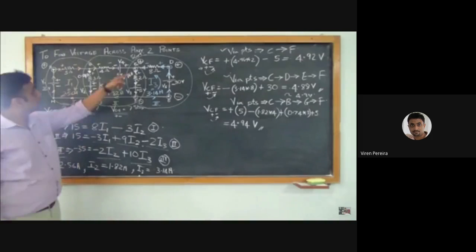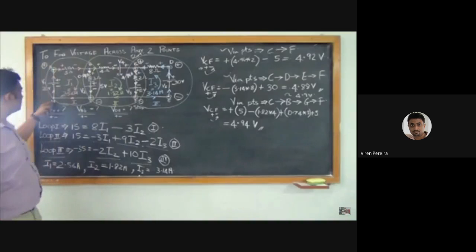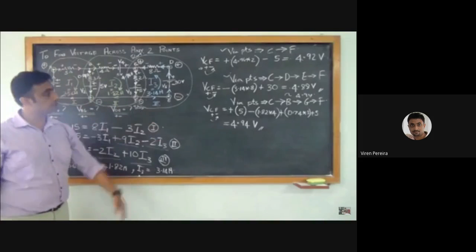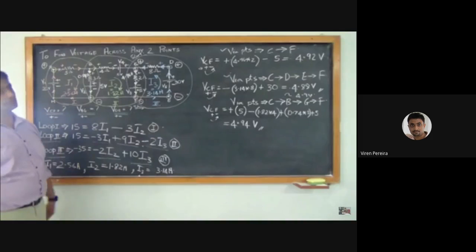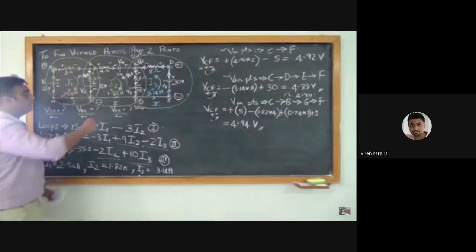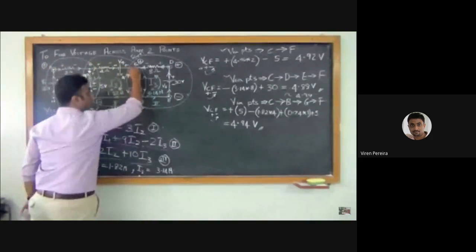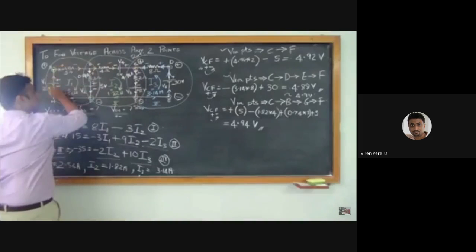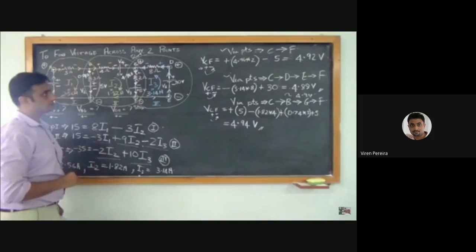You can even take C to B, B to A, A to H, H to G and G to F. Still you will get 4.9 volts only. So you can just try it out with this loop as well. No matter whether you take this loop, this loop, or this loop, you will get the same answer.